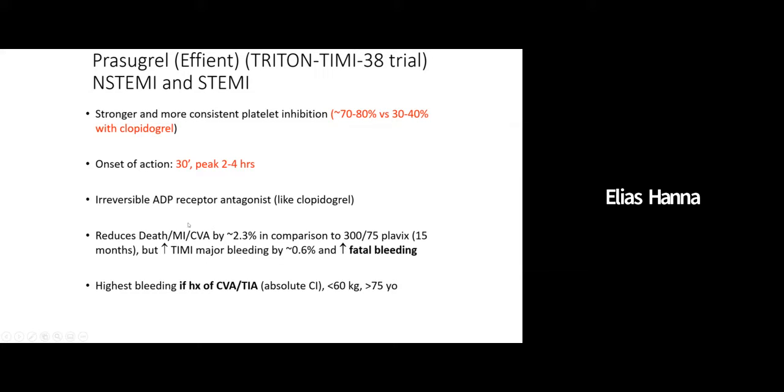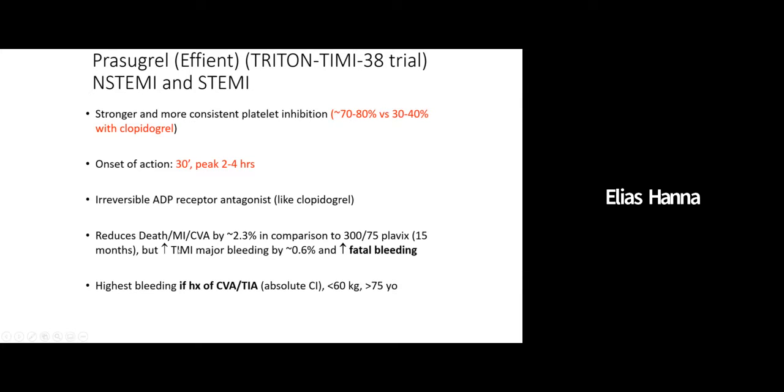That's really the ultimate major bleed, TIMI major bleeding. It's the most difficult definition for major bleeding. It did increase TIMI major bleeding, and it did increase fatal bleeding, which is very rare actually in any antiplatelet trial. Keep those ideas in mind. No mortality difference, but reduction in a bunch of other ischemic endpoints, mainly MI and stent thrombosis.